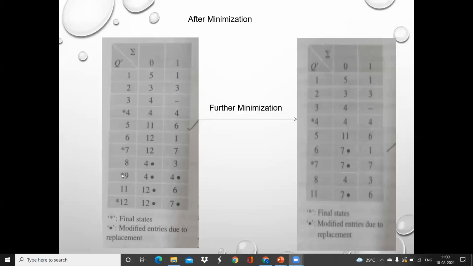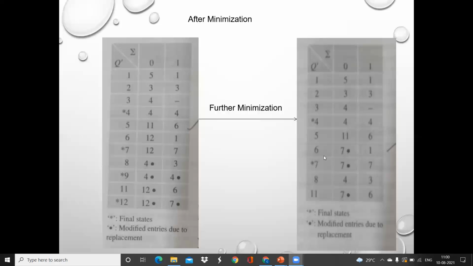So again replace 4 by 9 or 9 by 4. As per our earlier trick, we keep the lower states as they are and remove the higher states. So we will remove 9 and 12. Wherever you have 9, it will get replaced by 4, and wherever you have 12, it will get replaced by 7, and you can see the final output here.